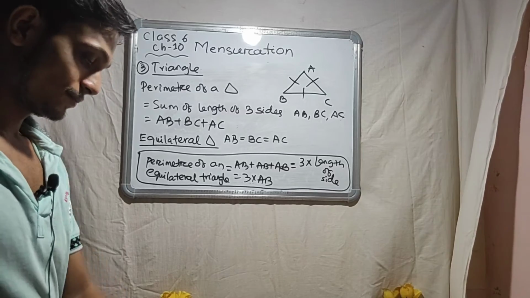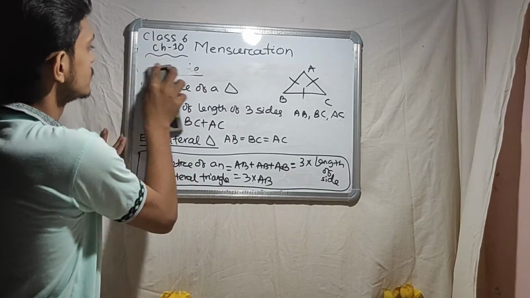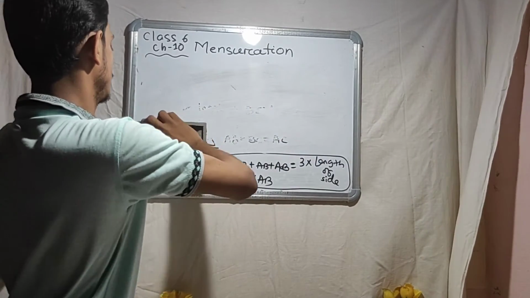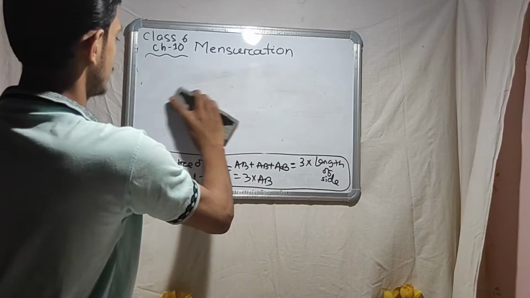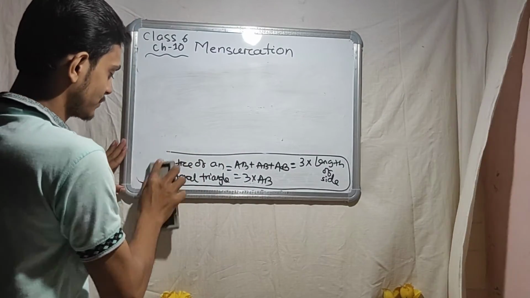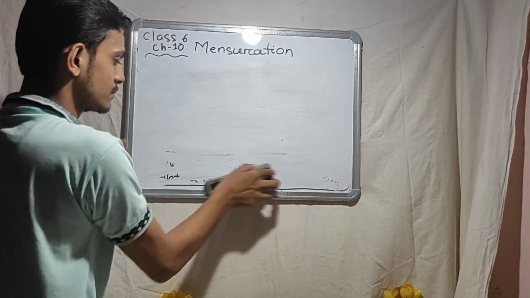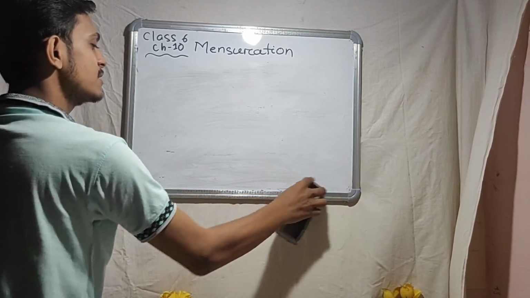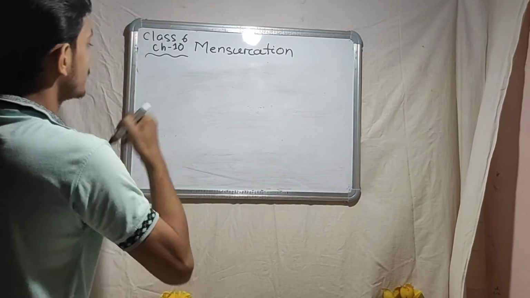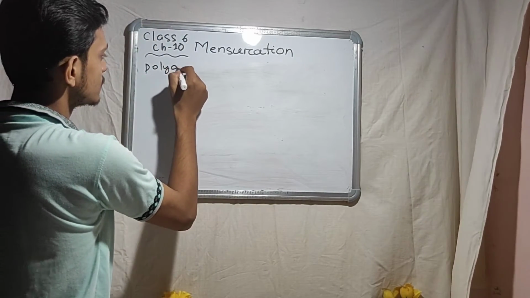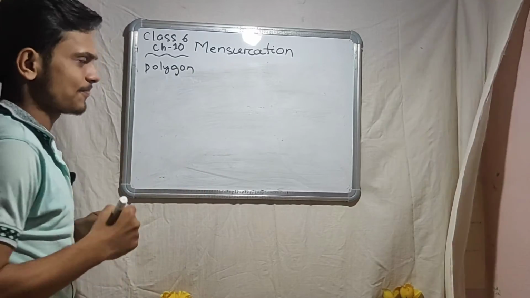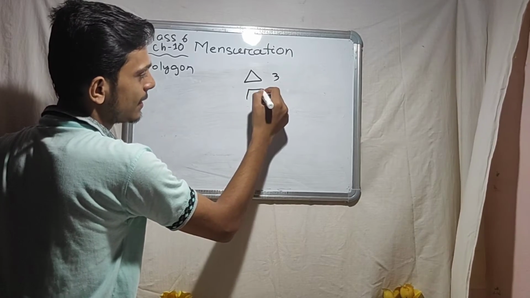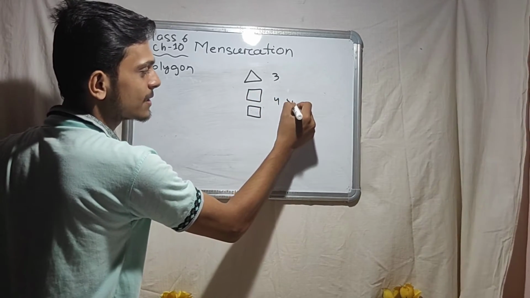Then the next one is the polygon. Polygon means, see, this is triangle, 3 sides. This is rectangle or square, 4 sides.